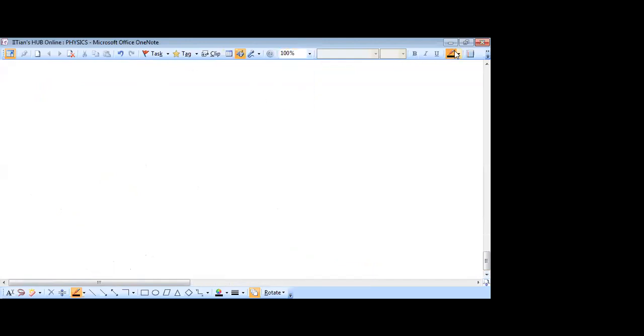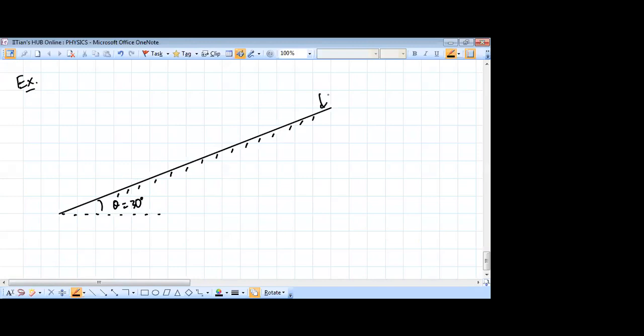Now next, we look at a situation like this. We have a smooth inclined plane, which is at an angle of theta, let's say 30 degrees, with the horizontal, and a block is sliding down.